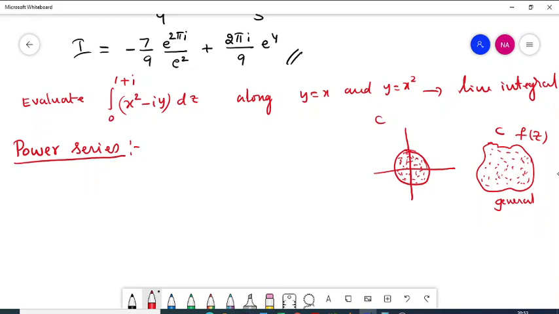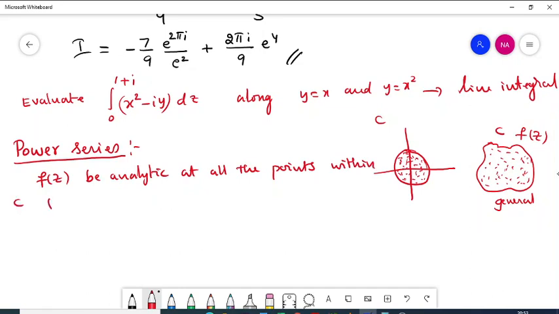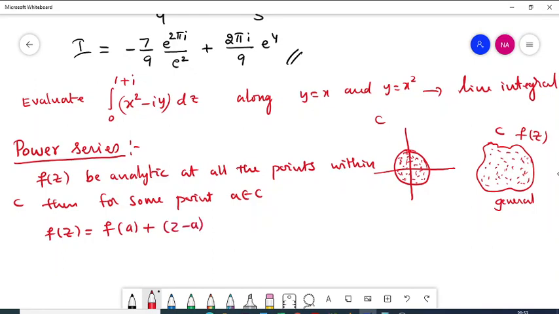Okay, take any case. Let f of z be analytic at all the points within C, then for some point A belongs to C, we can have an infinite series expansion of f of z that is given by f of z equal to f of A plus (z minus A) into f dash of A plus (z minus A) whole square divided by 2 factorial into f double dash of A plus and so on.